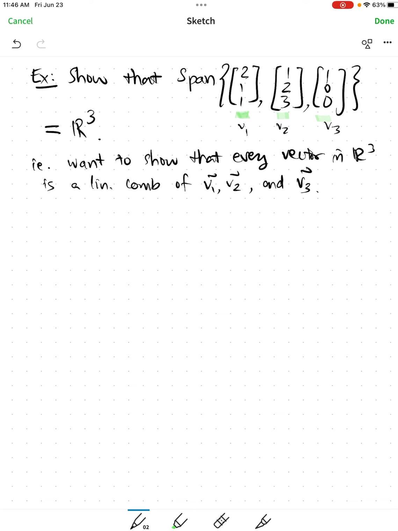Now, how do we answer that question? Well, let's say that you have a vector a, b, c. Again, we're thinking about how to translate this into something we can actually do. This is just your generic vector in R3.